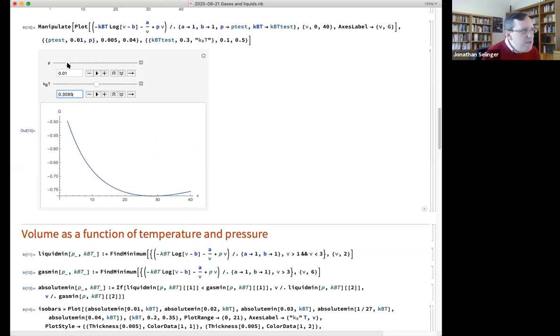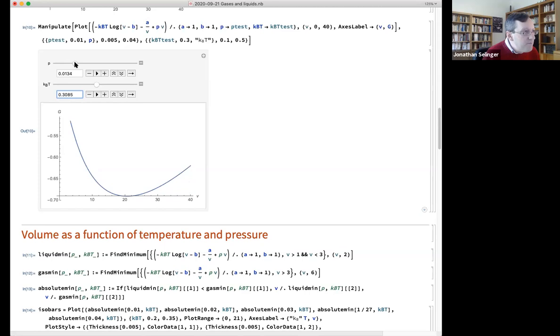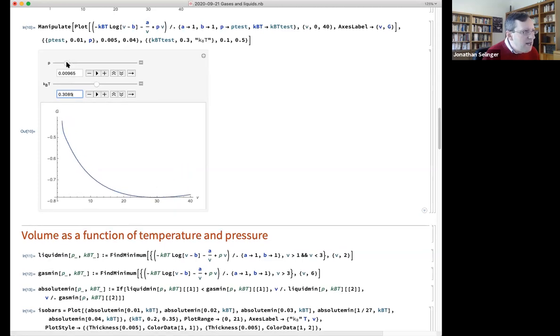So if we do it at a lower pressure, no, I said lower and I made it higher. Let's do it at a lower pressure, 0.005, okay? There's a lower pressure, okay? Now I will keep on doing this cooling and see what happens, okay?